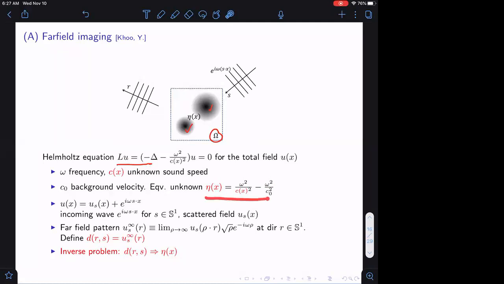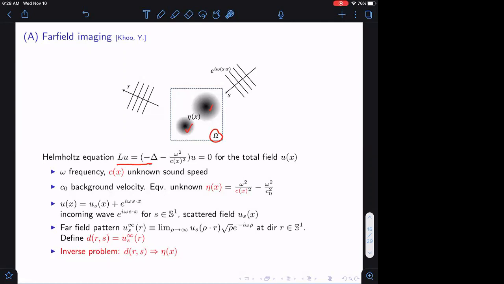Eta is defined to be omega square over c(x) square, minus omega square over c0 square, where c0 is some kind of background velocity. For example, if you think about the propagation of an acoustic wave in the air, you can think of it as having a determined background velocity, unless you study a strong variation of the density of the air.